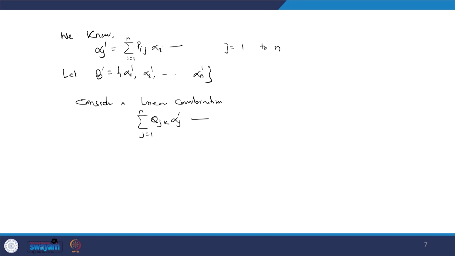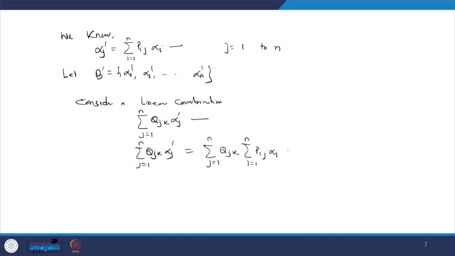Okay. Now, this sigma q j k alpha j prime, j equal to 1 to n, equal to, I can write down, sigma j equal to 1 to n q j k, but alpha j prime is equal to sigma p i j alpha i. So, this is given to me. So, I can simply write this one also, p i j and alpha i, i equal to 1 to n.